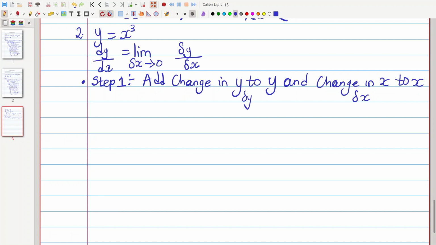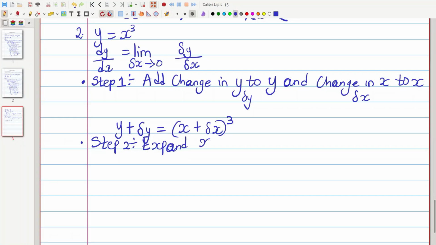So this would be y plus delta y is equal to x plus delta x, all cubed. Step 2: expand x plus delta x cubed.